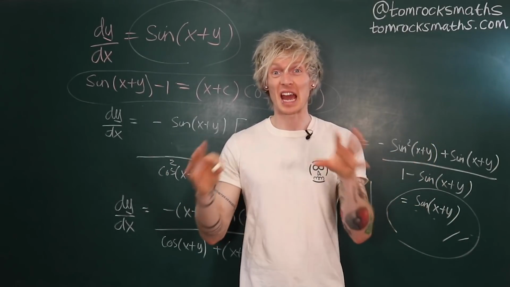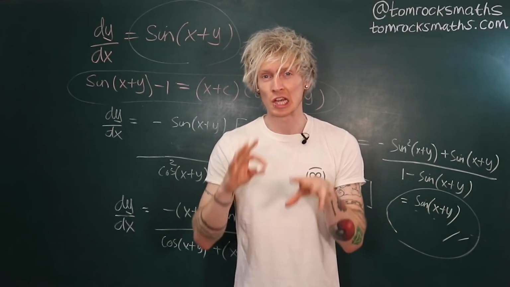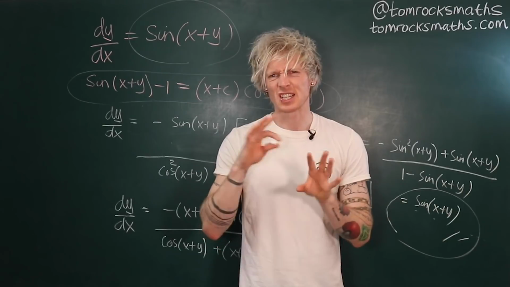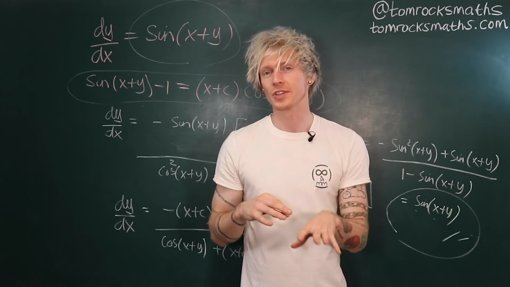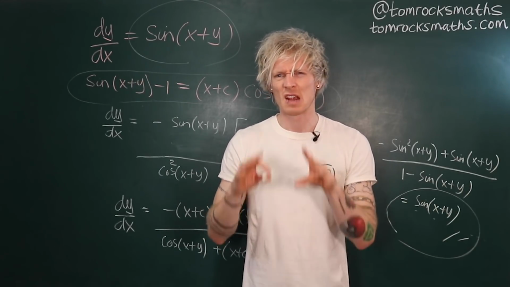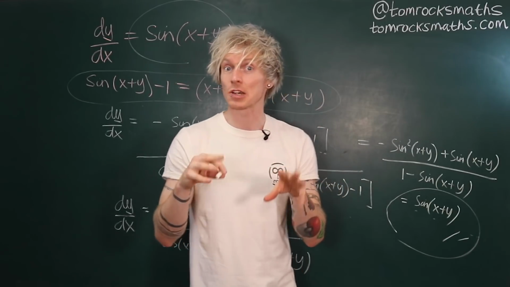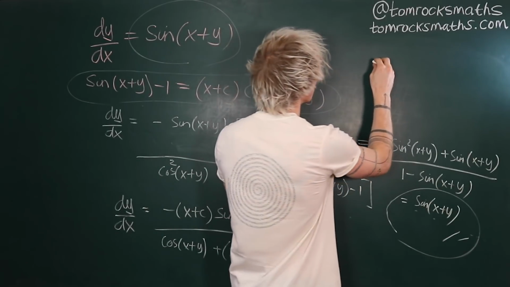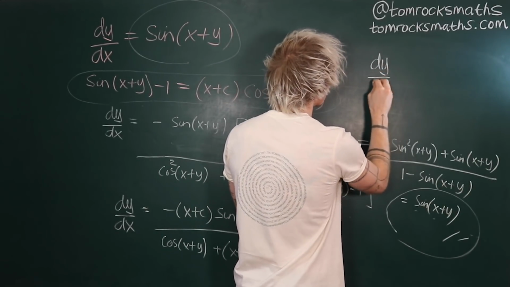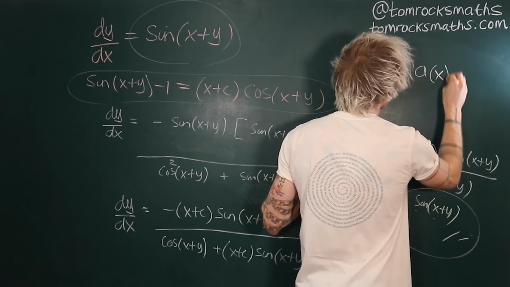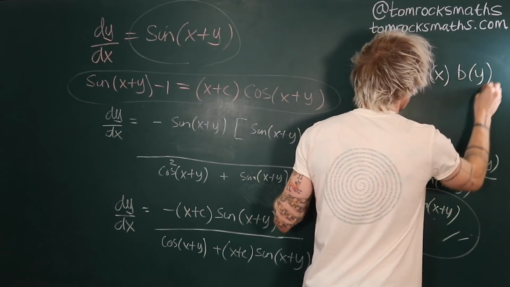So there we have it, a couple of different examples showing you how to use the method of separation of variables to solve some first order ordinary differential equations. Remember, the first step is always to make sure your equation is in the correct form, which here means dy by dx must be equal to a function of x multiplied by a function of y.